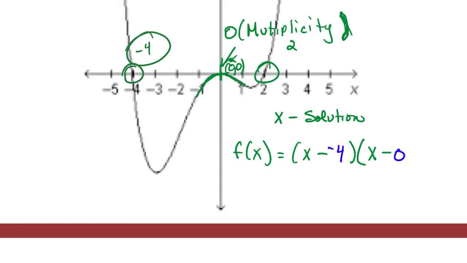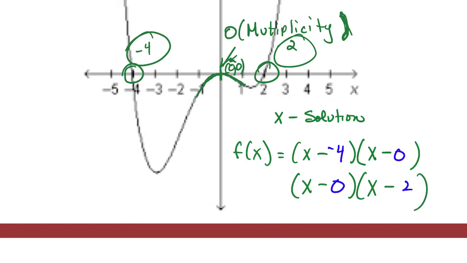But we got to do that twice. It's minus 0 for my second one. And then lastly, x minus 2, the solution of 2. So those are all of our factors. Now these can be cleaned up as needed.